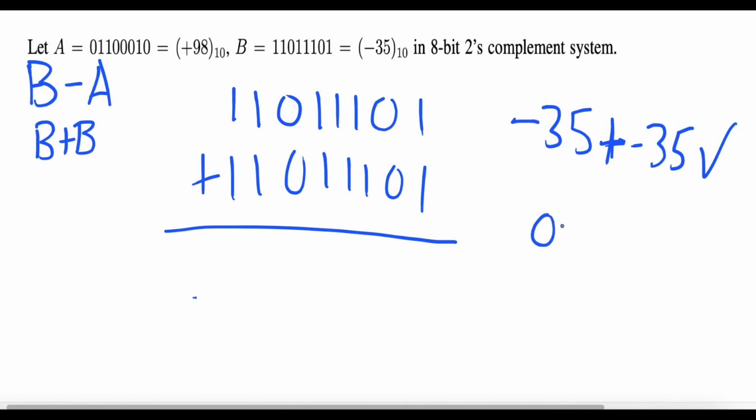Let's remember that 0, 1 is equal to 1, 1, 0 is equal to 2, and 1, 1 is equal to 3, right? So we have 1, 1 at the start, so we know that's equal to 2, right?